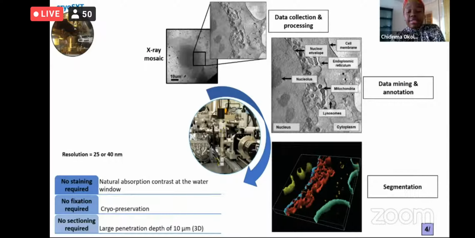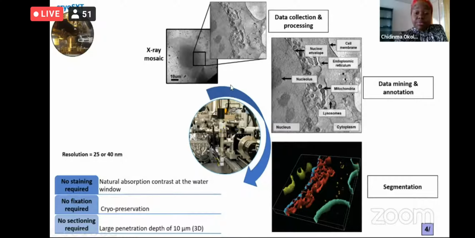With CryoSXT, again, we have cryogenically preserved samples. So we can do CryoSIM, like I described, alone, or in addition, pair it with CryoSXT. And the good thing is that for both of them, the cells remain in their cryogenic state, so our workflow keeps these samples cryogenic. We're able to image up to 10 microns thick without the need for sectioning and without losing meaningful resolution.